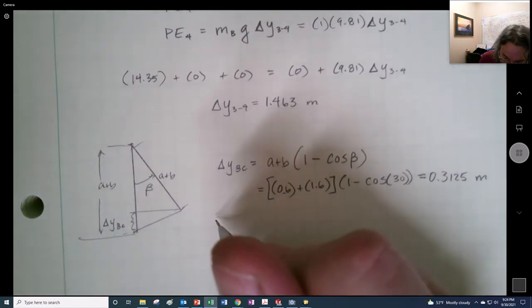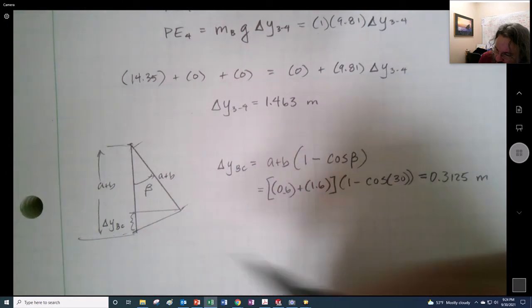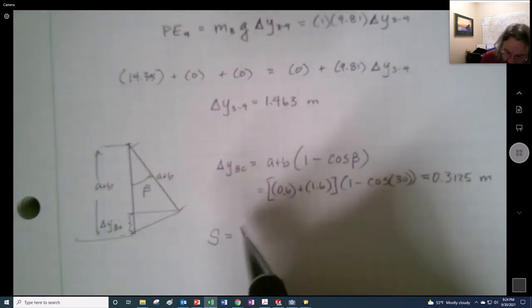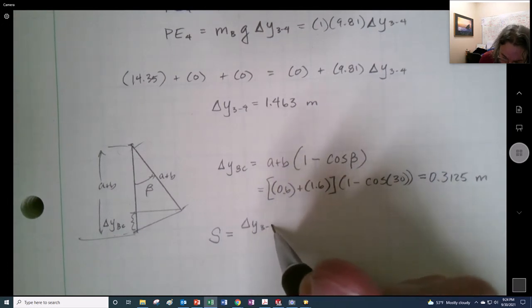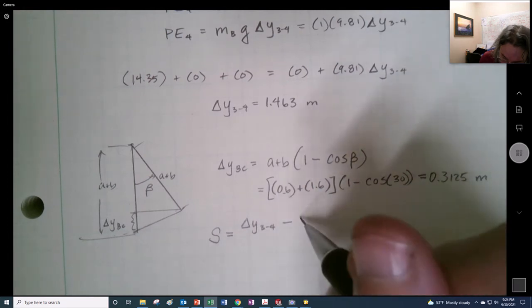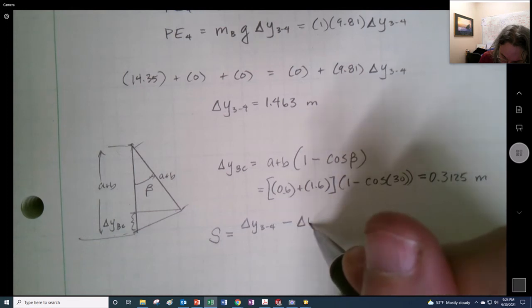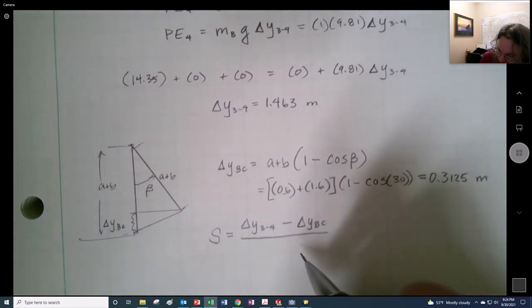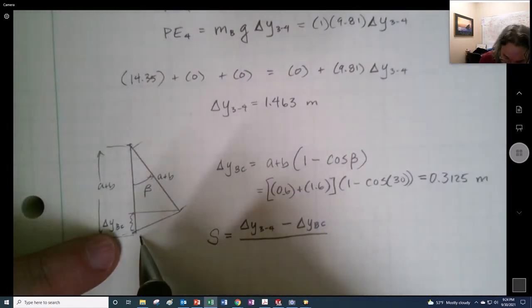So if I want to get S, it's going to be this distance, delta y 3 to 4 minus delta y BC, divided by, okay, and here's also some information we're going to need.